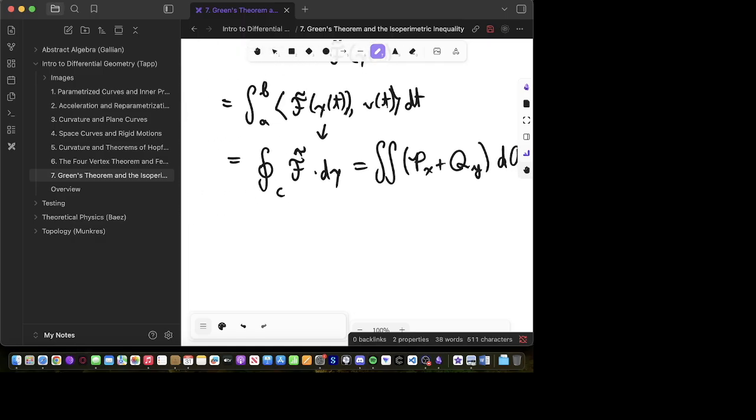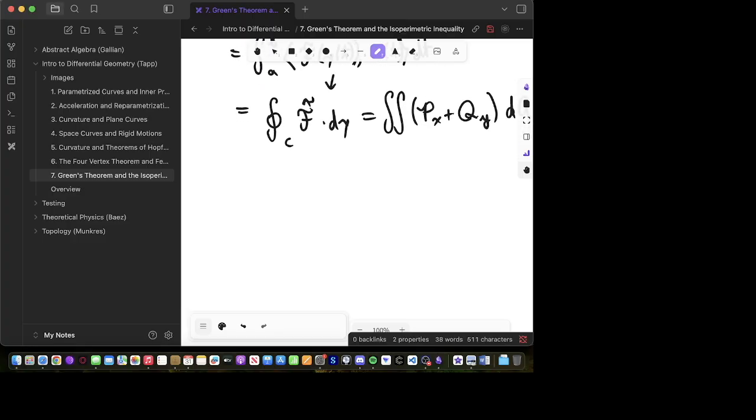So before we begin our discussion on the isoperimetric inequality, we're going to look at a corollary of Green's theorem.